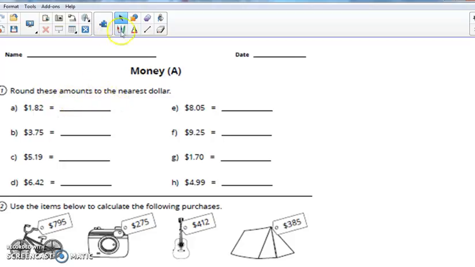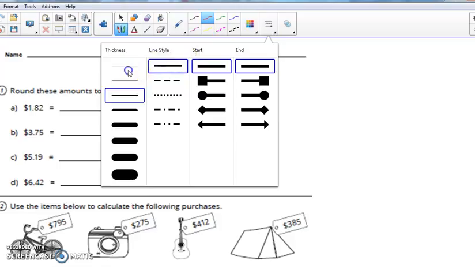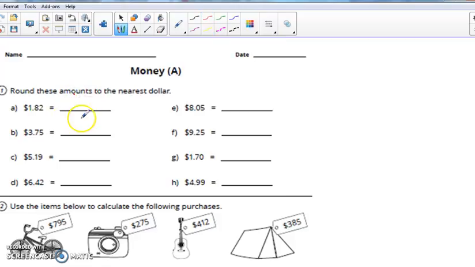Rounding these amounts to the nearest dollar. To the nearest dollar means that we're looking at the number that comes before the decimal point. And when we want to get to the nearest dollar, we need to start in this column here.